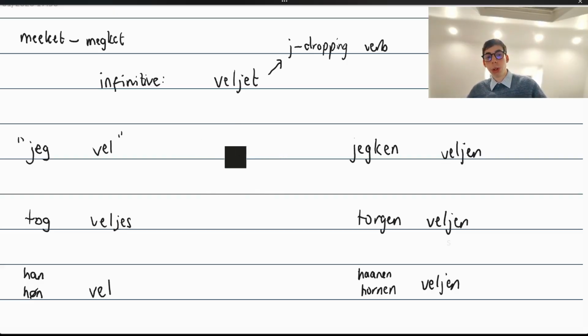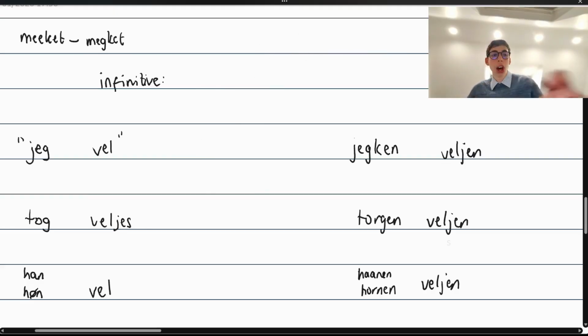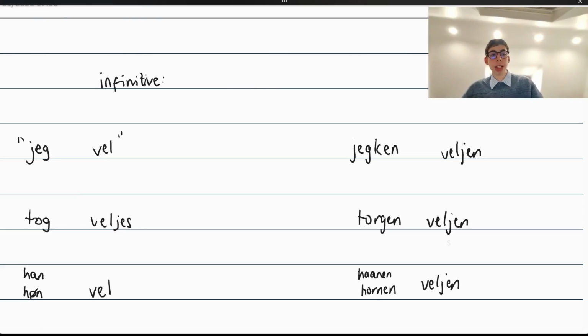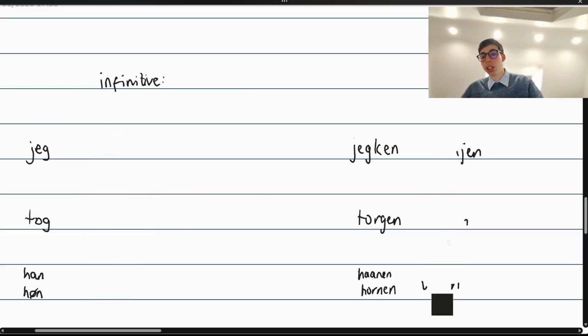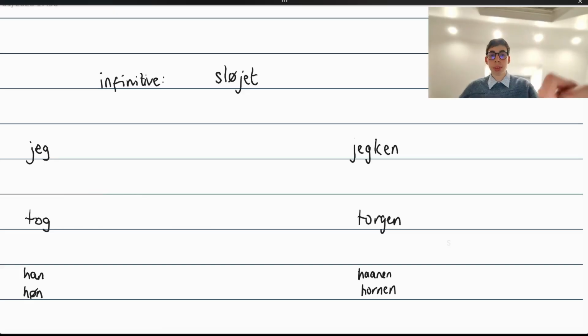And the other one is the other type. I'm just going to rub out make it for now. The other type that is going to be annoying to you is like slujet. And again, the ET is obviously the suffix.